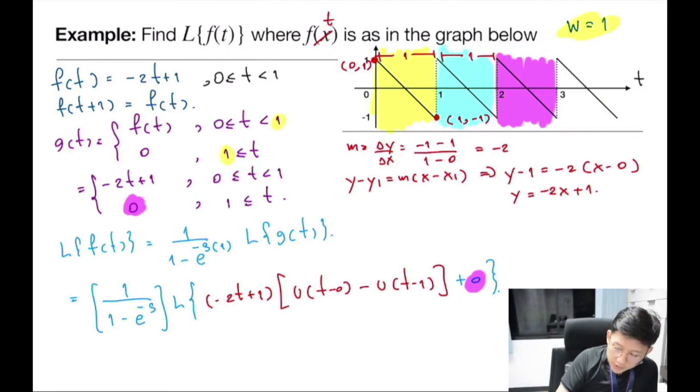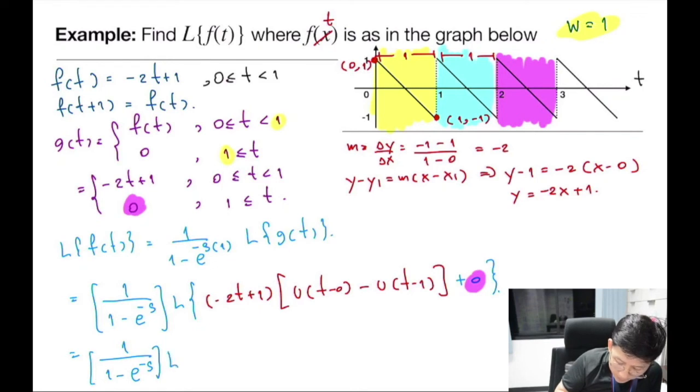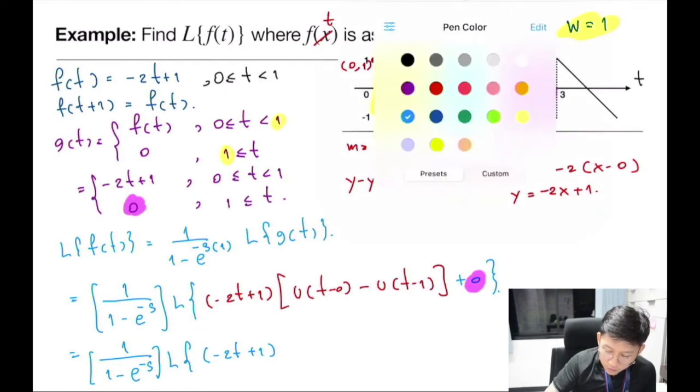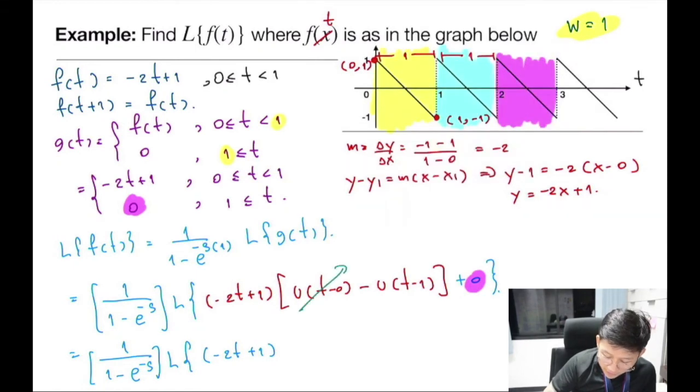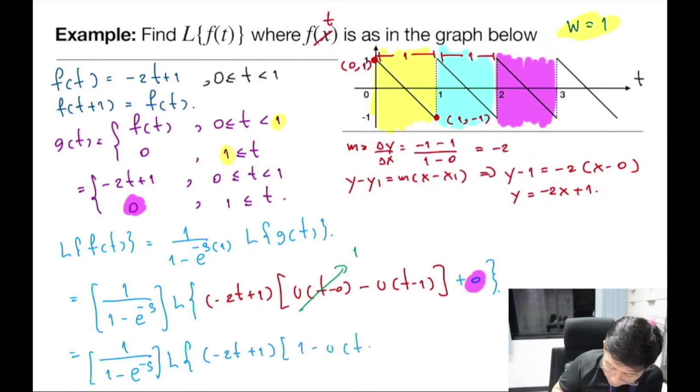So here it is 1 over 1 minus e to the minus s, Laplace transform of minus 2t plus 1 times u(t minus 0). I told you before, it's actually 1, right? u(t) is always 1. So we have that is 1 minus u(t minus 1).